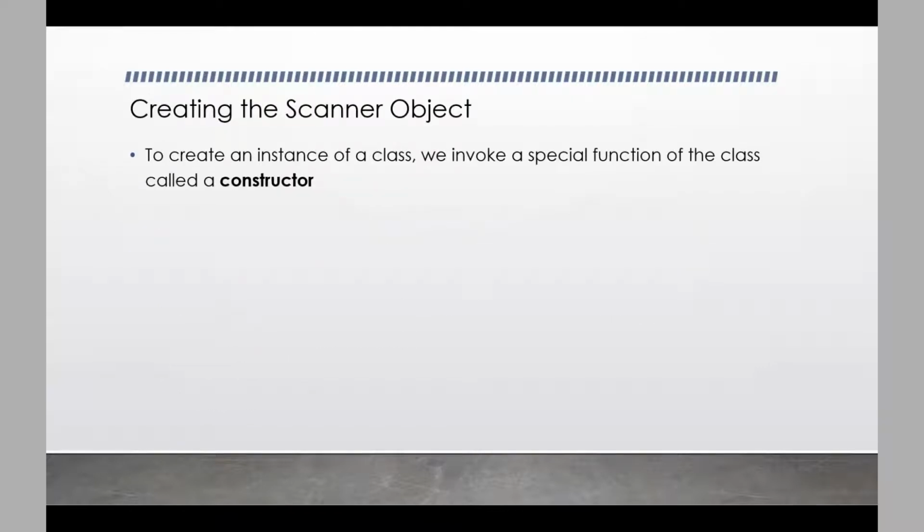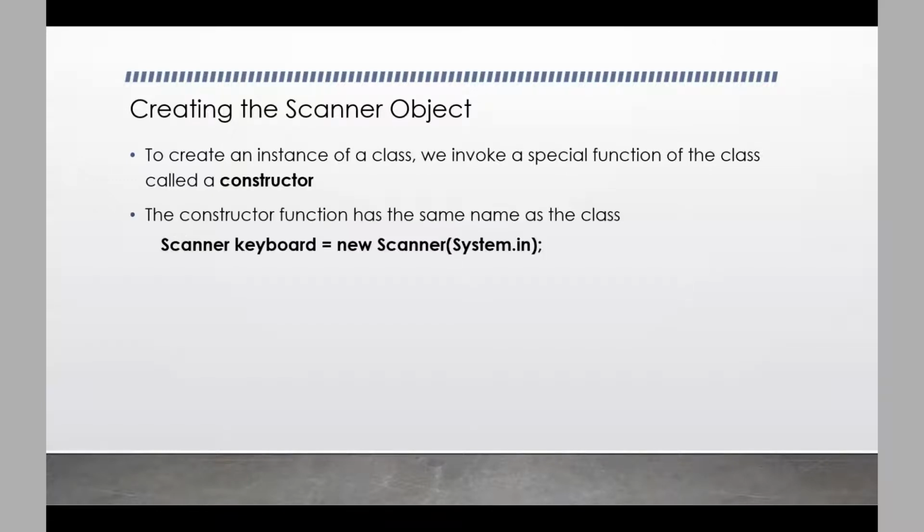In order to invoke the methods, we need to first create a Scanner object, which means we must invoke the constructor for the Scanner class and associate the reference variable with the object that's created. The constructor is informed of where the stream is coming from. System.in refers to the standard input device, the keyboard.